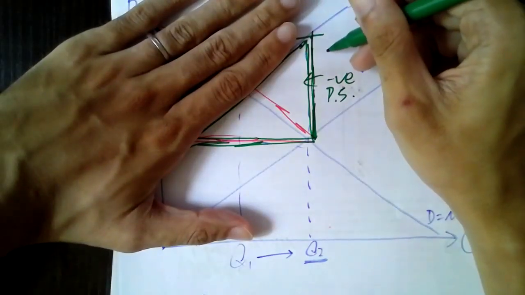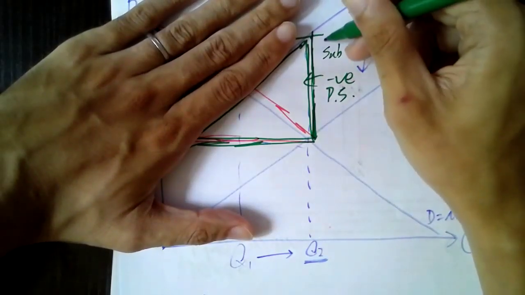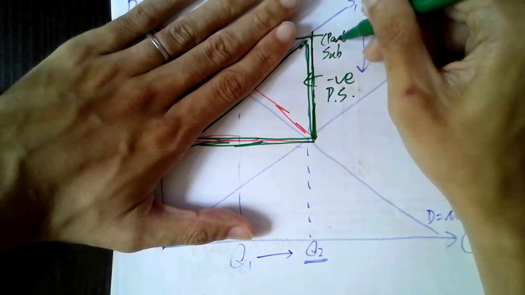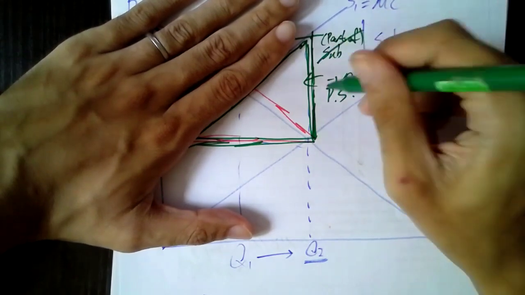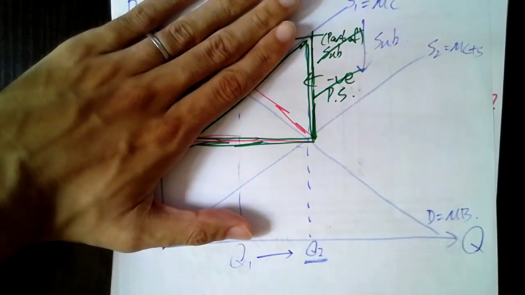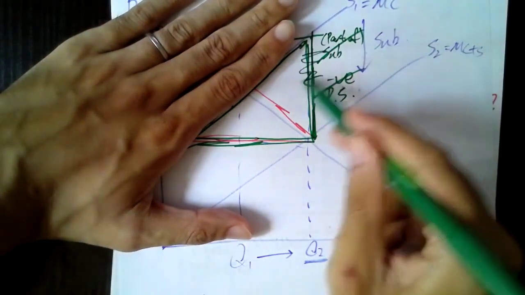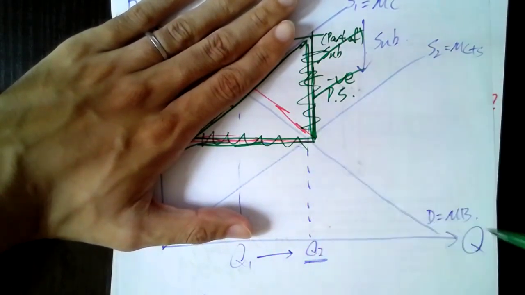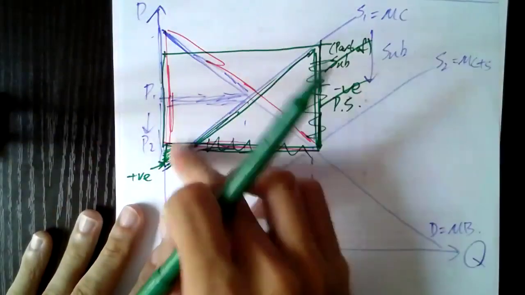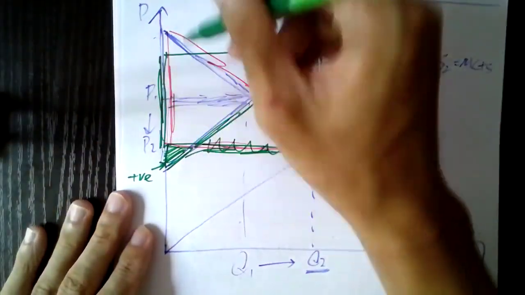We also have part of the subsidy here. So what would they do? They simply cancel out each other. So this part is actually cancelled out, right? No lose, no gain. But we still have a big part here.